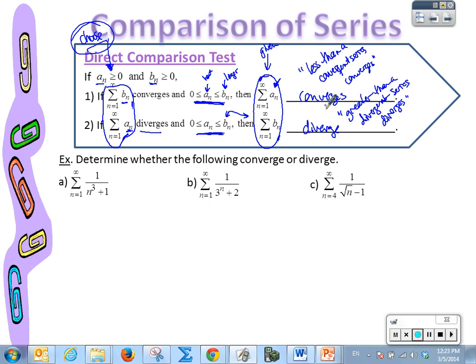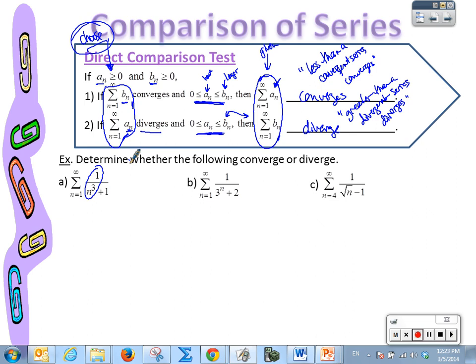Now the choosing what to compare to sometimes is a challenge. Well, basically, let's just take a look at this one. What we can do, let's say this had n cubed plus n squared plus n and over 1, something like that.